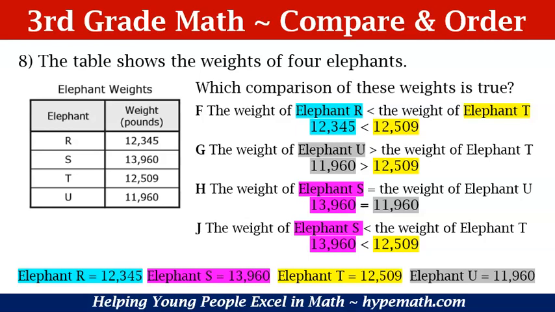H is 13,960 equal to 11,960. J is 13,960 less than 12,509. Again, I want to talk about the alligator mouth. The alligator mouth always opens to the larger number. So which one of these answer choices is true? Which comparison of these weights is true?